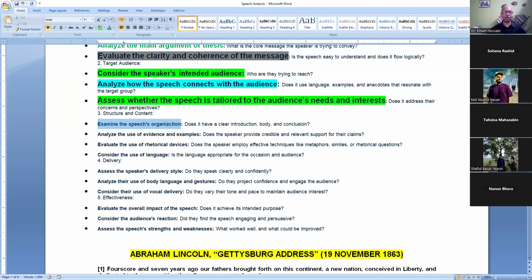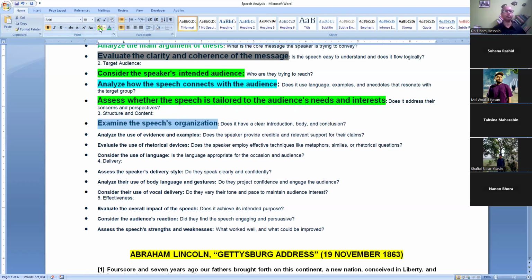Now, come to the next point. Examine the speech's organization, that is, how you arrange your ideas. That is very important. Arrange your ideas one after another.